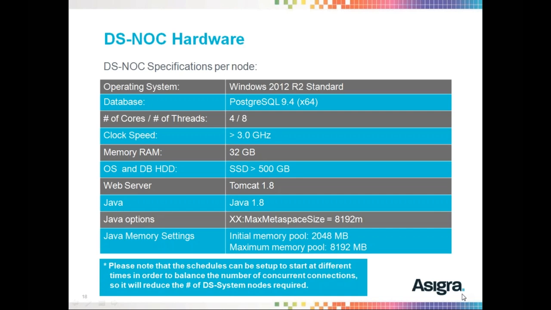So Windows 2012 R2 Standard, the database, of course, PostgreSQL, cores and threads, the same idea, 4 and 8, clock speed, the RAM, and of course the OS, the database hard drive, SSD, gives you better performance, about 500 gigs. The web server, Tomcat 1.8, Java 1.8, Java option as far as memory settings, minimum initial pool 2048, maximum pool, and max metaspace size 8192.